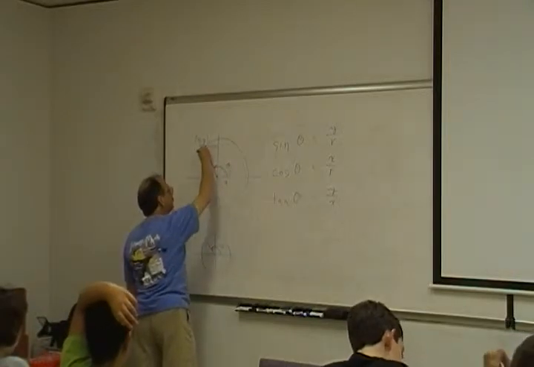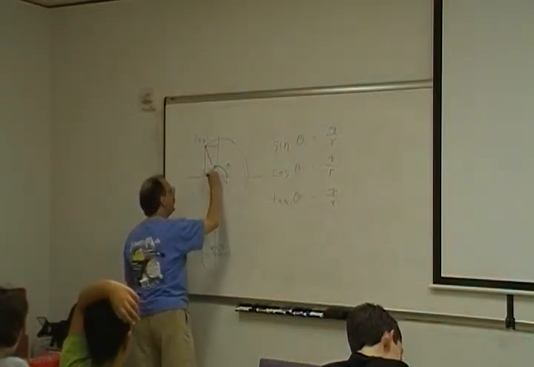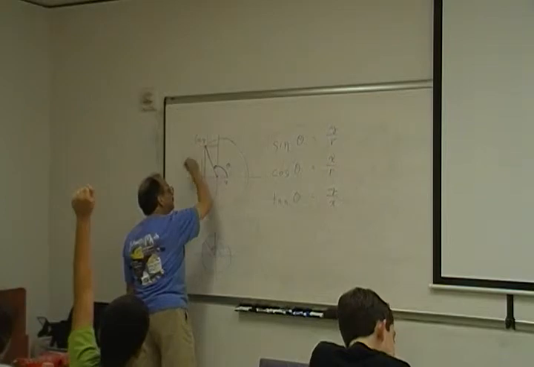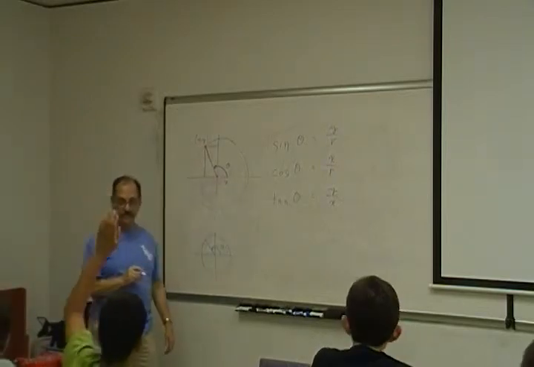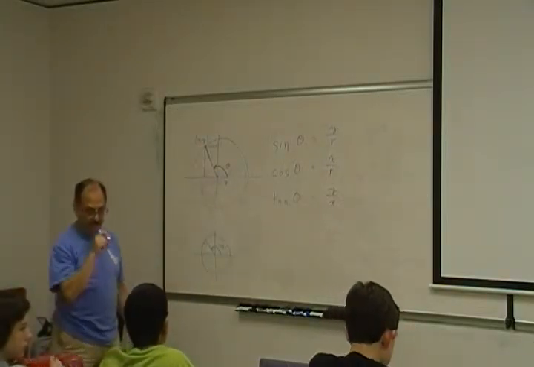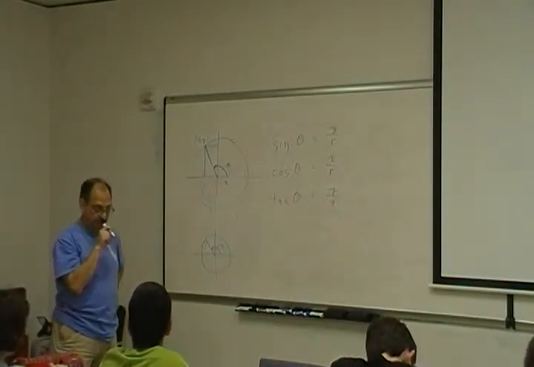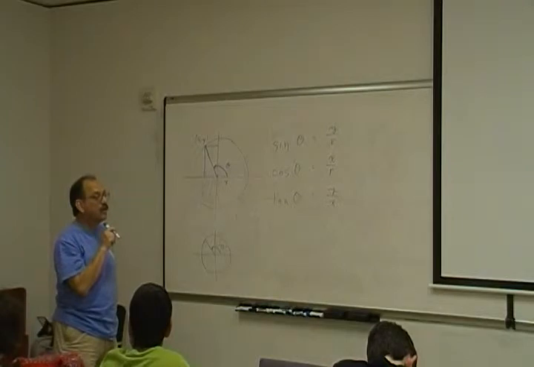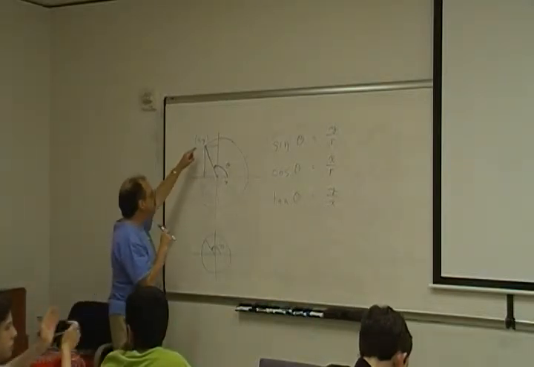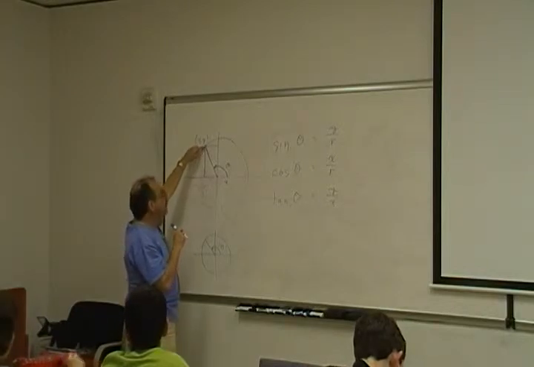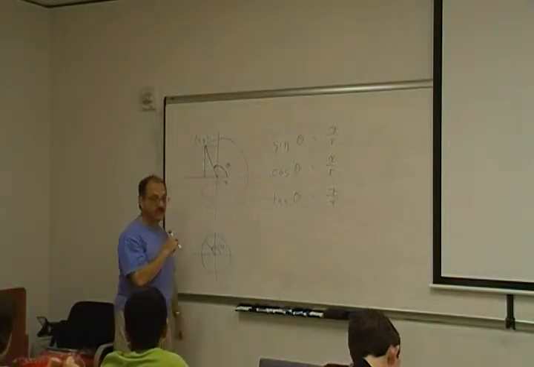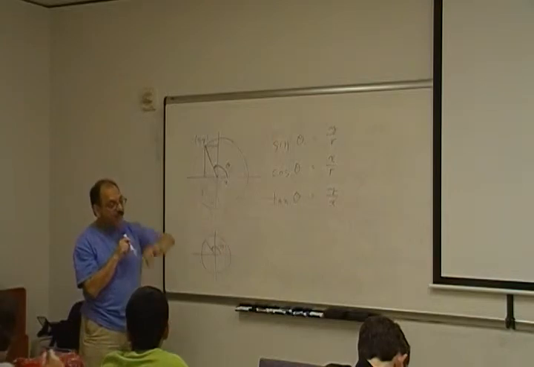So here's the angle. It determines the ray off in this direction. Sine, cosine, and tangent are no longer just relations between the sides of the triangle. They are relationships between the coordinates of a point on a circle and the radius of the circle. We throw away the triangle.